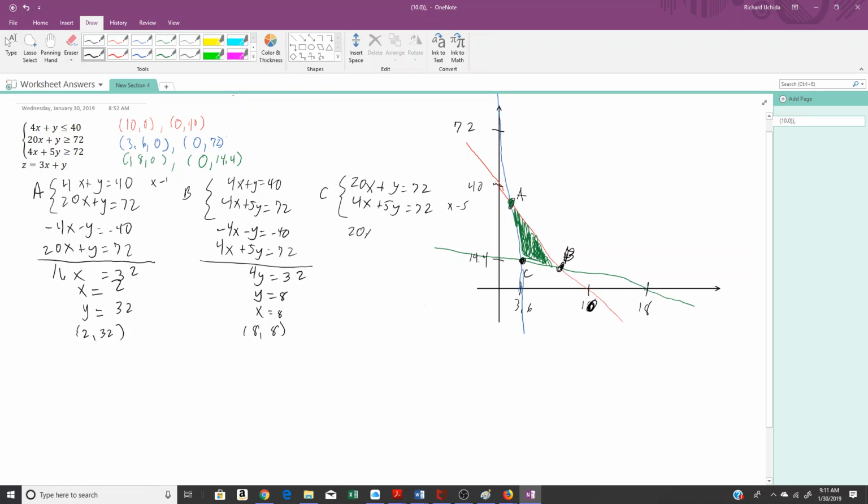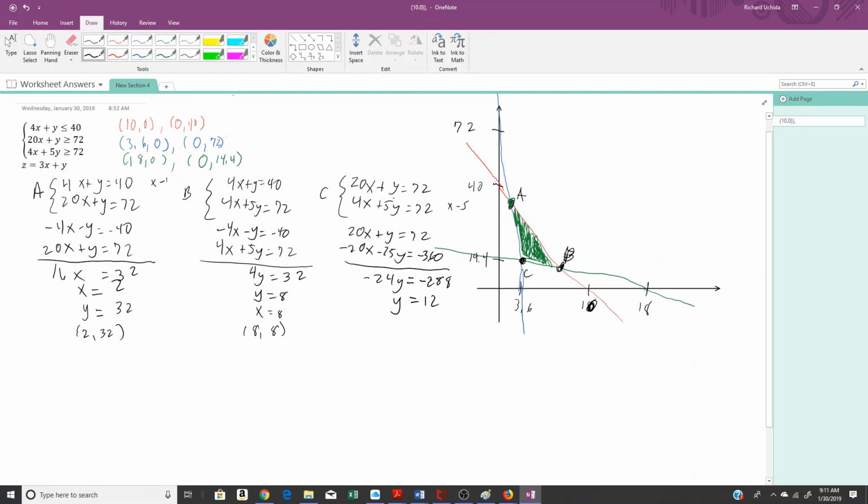So we'll have 20x + y = 72 and -20x - 25y = -360. The x's are eliminated, so we get -24y = -288. Divide both sides by -24, you get y = 12.